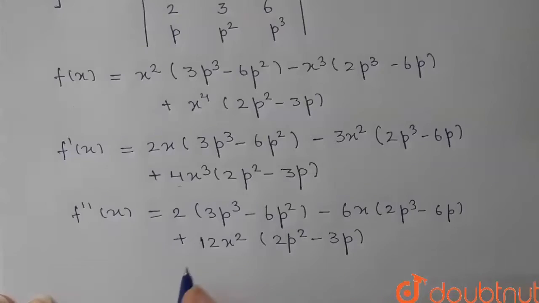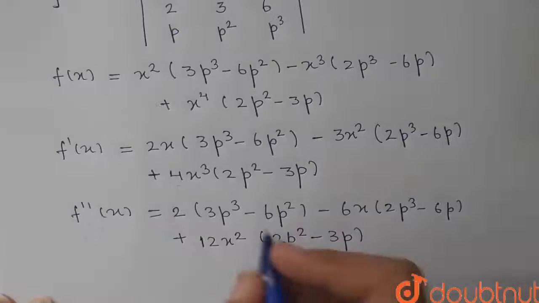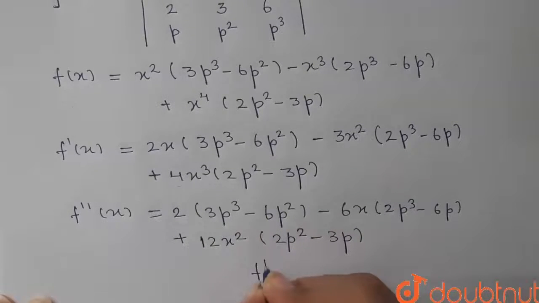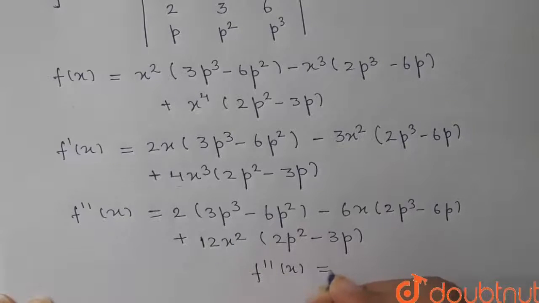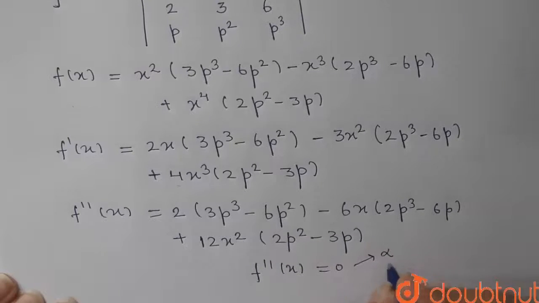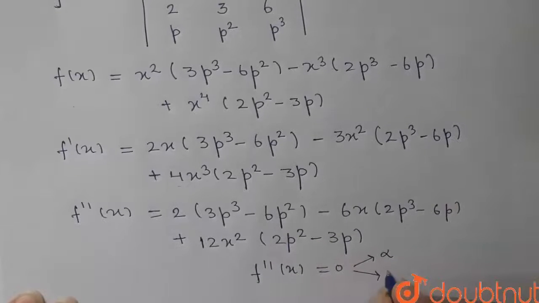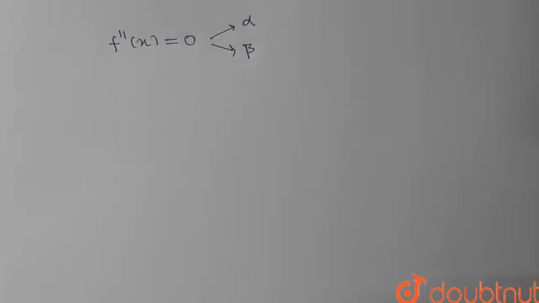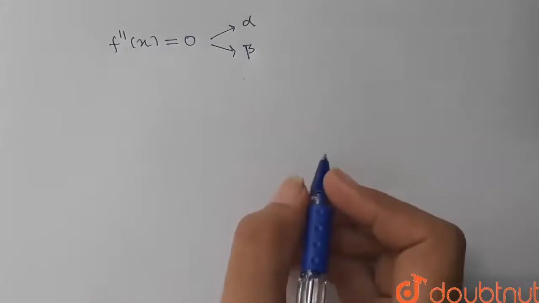Okay. We are given that f double dash x equal to 0. That means this thing equal to 0 has two roots, one is alpha and another is beta. So we are going to equate f double dash x with 0.